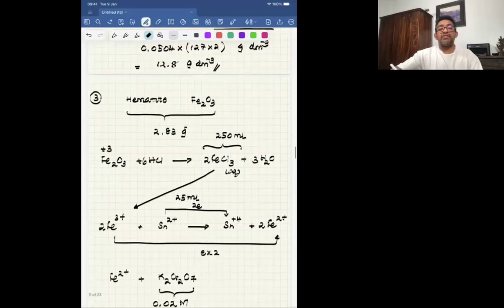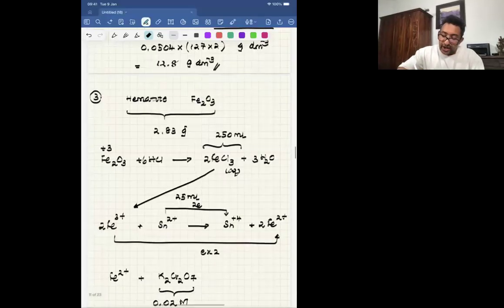You have hematite, Fe2O3, right? If you add HCl, it dissolves. Without changing the oxidation state, it dissolves. Dissolves means here there's no change in the oxidation state. It's plus 3. Now you all know that plus 3 you can't titrate.